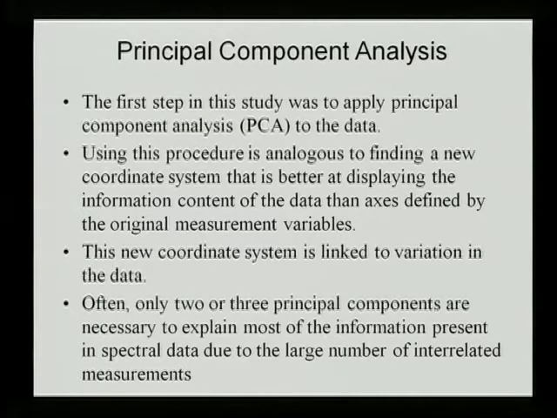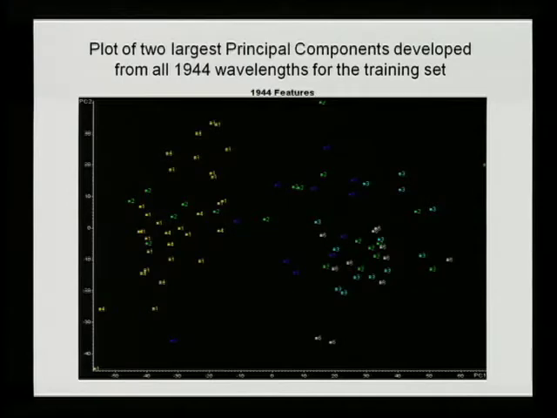And if our measurement variables are correlated, often one can find, but not always, 2 or 3 principal components that explain most of the information present in the spectral data because of a large number of interrelated measurement variables.